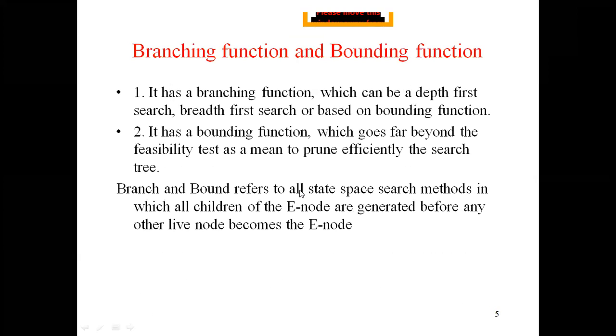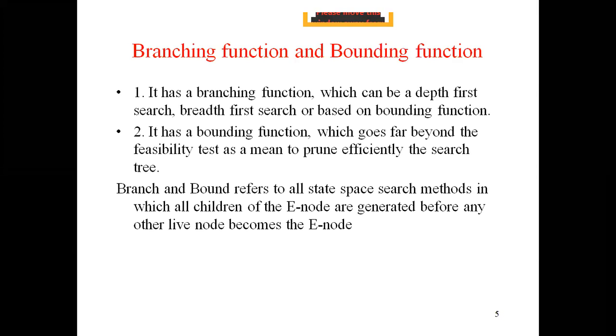Now see the branching function and bounding function. It has a branching function which can be a depth first search, breadth first search, or based on the bounding function. Now it has a bounding function. What is the bounding function?